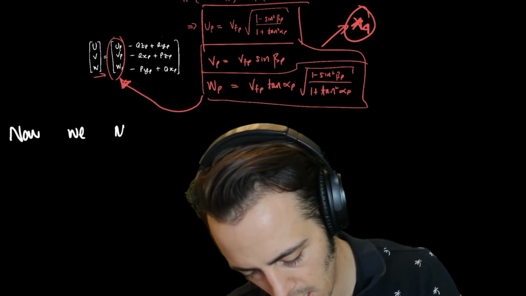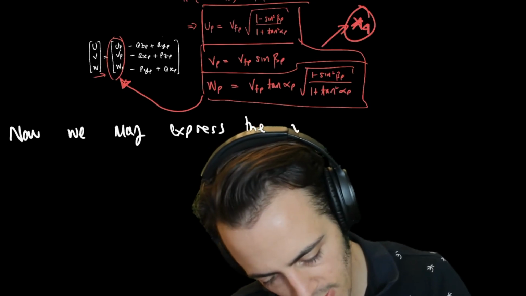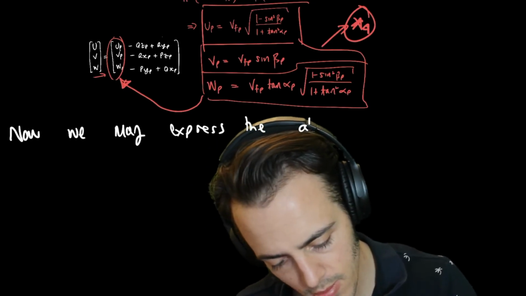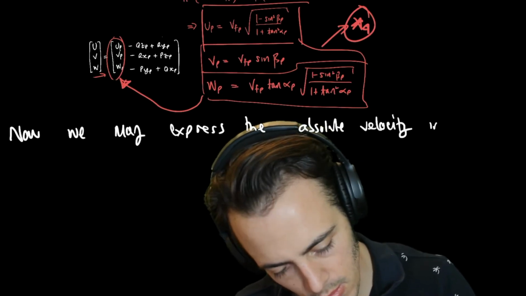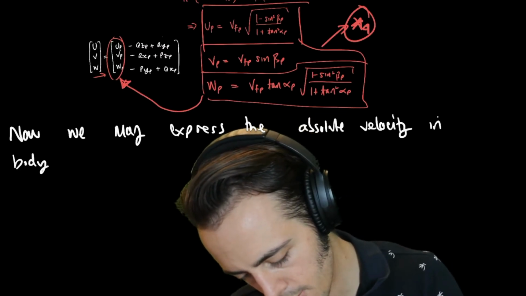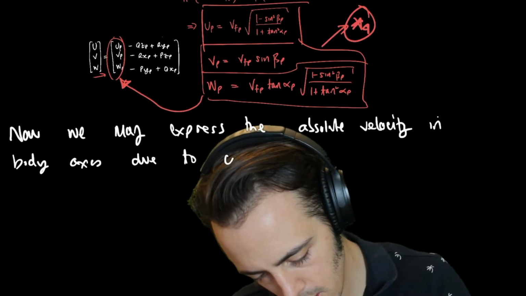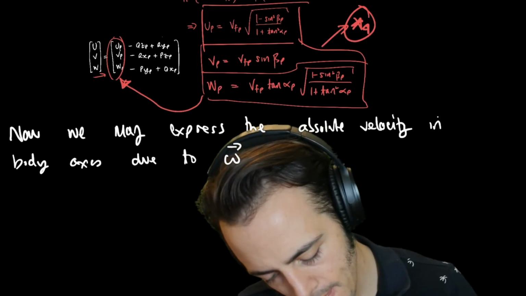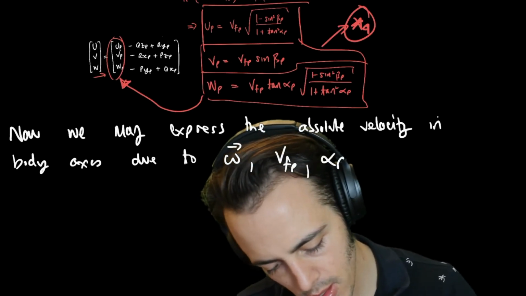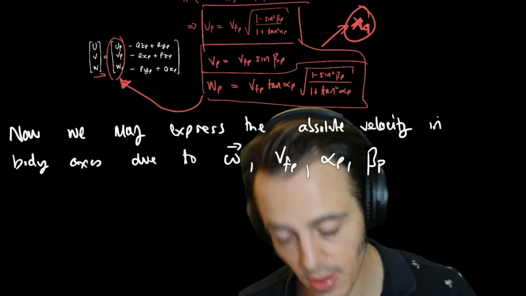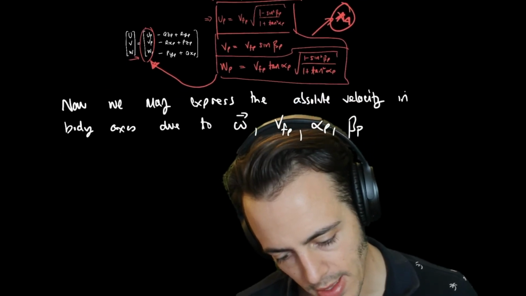Now we may express the velocity, so the absolute velocity, on body axes due to the body rotation vector, the total flight speed as measured at the probe, alpha P and beta P, which is the side slip and the angle of attack of the probe. So let's do it. Let's write it down.